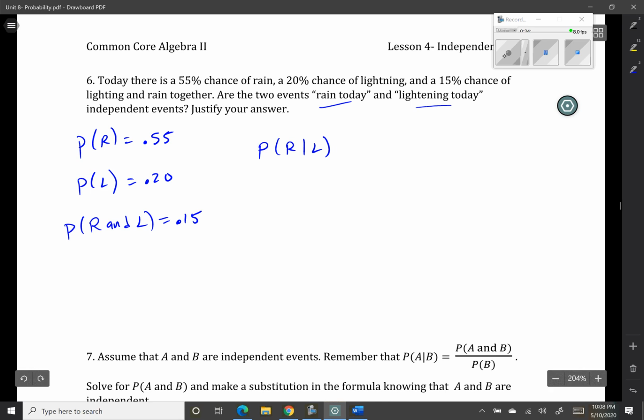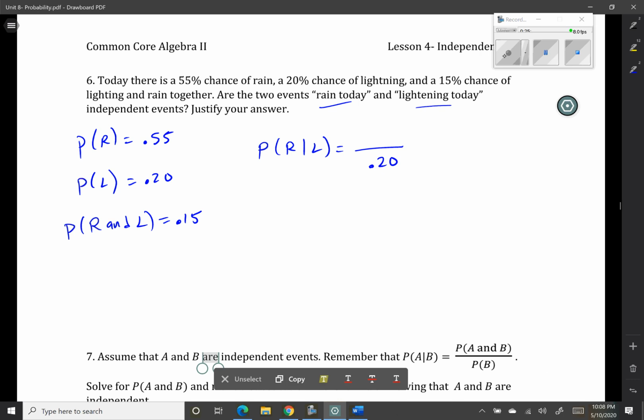So because we want to show the probability of rain given lightning, we're only talking about lightning here. So the denominator is 0.20. The numerator is the chance of rain, but we can't use the 0.55 because that is too much. That's including a lot more stuff. We want to use rain and lightning because we already know lightning's happening. So that's going to be just the probability of rain.